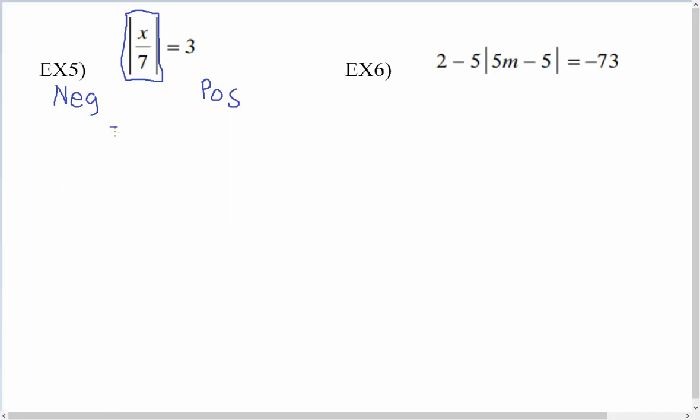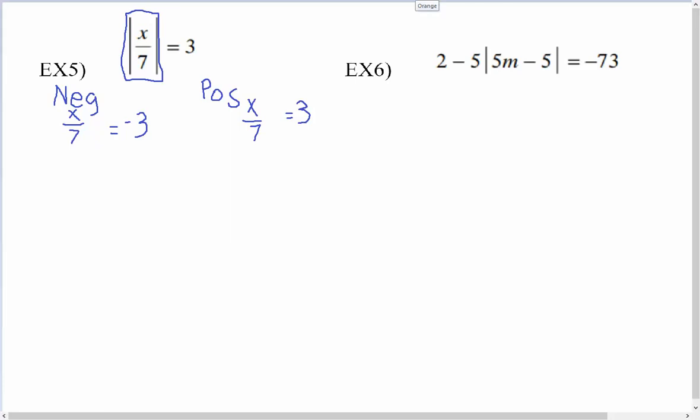Well, the number that is 3 away from 0 in a negative direction would be negative 3, but the number that's 3 away from 0 in the positive direction would be positive 3. In this case, we're trying to find x over 7 equaling negative 3 and x over 7 equaling positive 3.